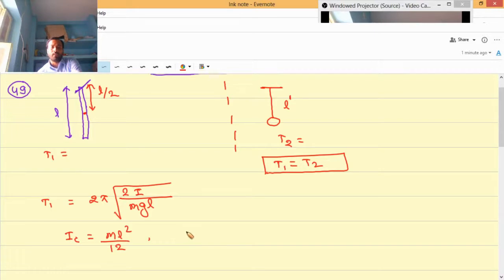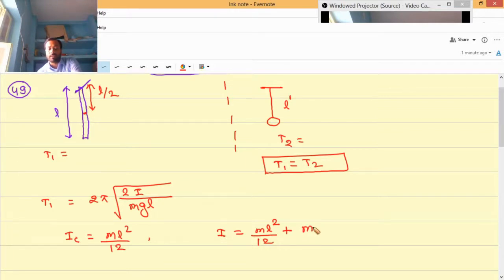But for this particular problem the moment of inertia required is about the point of suspension. Here the point of suspension is this point. The moment of inertia about that point will be the moment of inertia at the center of mass plus the moment of inertia because of the suspension point. For that we consider the entire mass and multiply by the square of the distance between the center and the point of suspension.